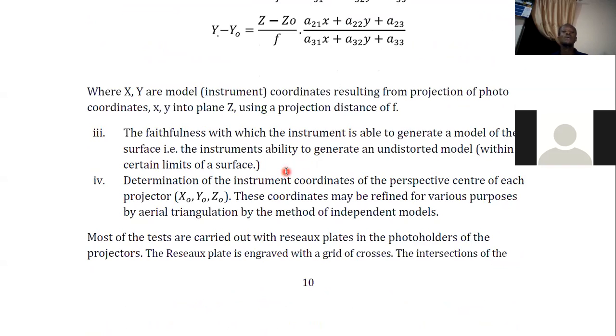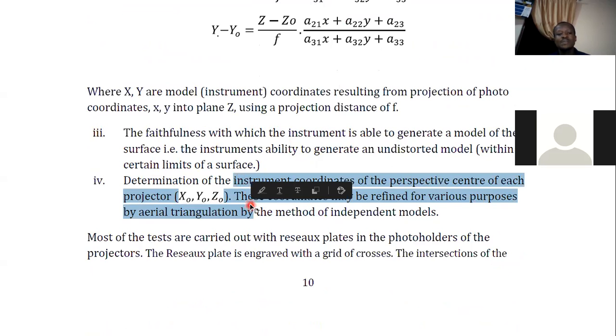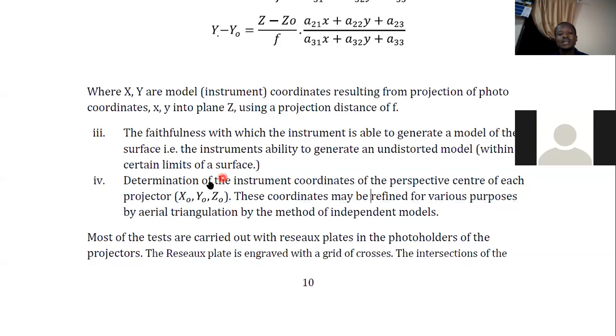Now you can create a model which is distorted, so we try to avoid that. As the fourth step, we have the determination of the instrument coordinates of the perspective center. Remember, I've just talked about X naught, Y naught, Z naught, plus omega naught, phi naught, and then kappa naught.